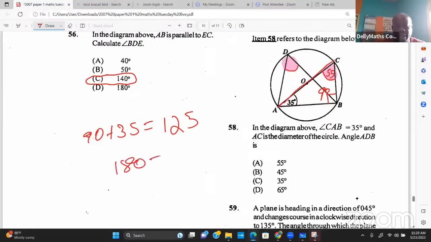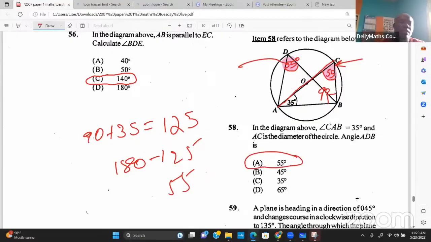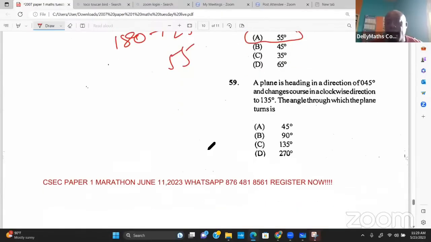And angles in the same segment will be equal. So if I find this angle, I automatically find that. So the answer is 55 degrees. So guys, put together everything because here's the circle coming out. The only thing is that they didn't ask for any reason, but they can give an answer and ask for the reason.